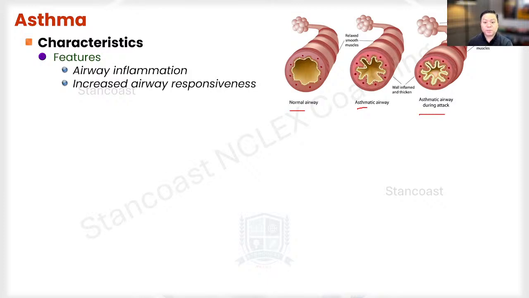Well, the bronchi and the bronchioles are going to be sensitive around this time, and they will become reactive to various stimuli or triggers that would not affect a non-asthmatic individual. This heightened sensitivity will lead to a much more exaggerated response and will result in bronchoconstriction. We call it the narrowing of the airways, and it will also lead to some more inflammation and increased mucus production. So all in all, this is really going to make breathing way too difficult.